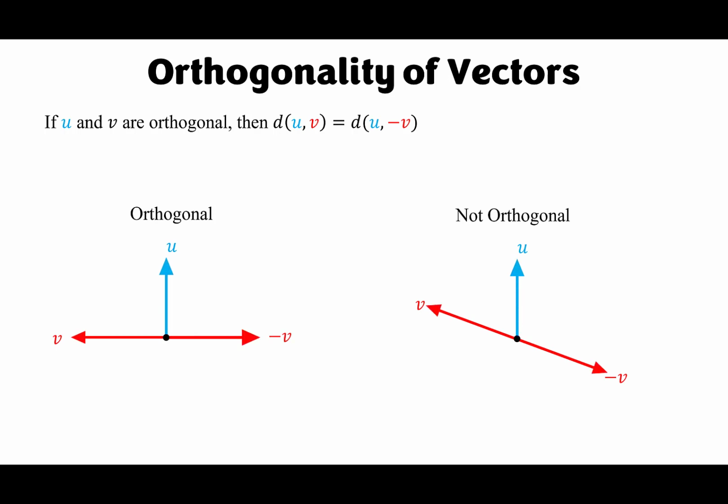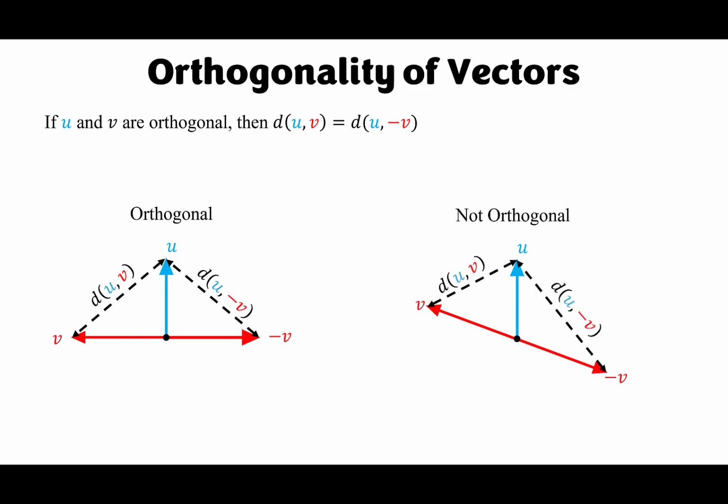The left picture is a picture of u and v being orthogonal. In the right picture, u and v are definitely not orthogonal. And notice that the distance between u and v and u and -v, right, where -v is just flipping v across the origin, scaling it by -1. Those two distances are exactly the same.